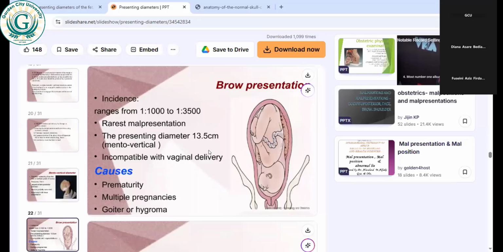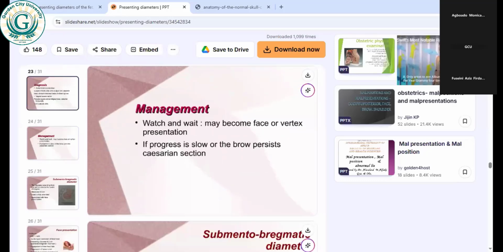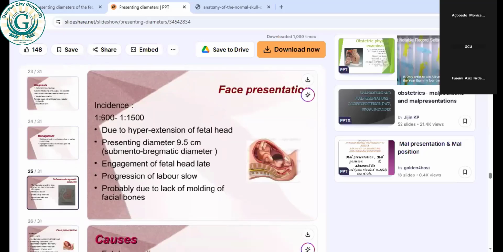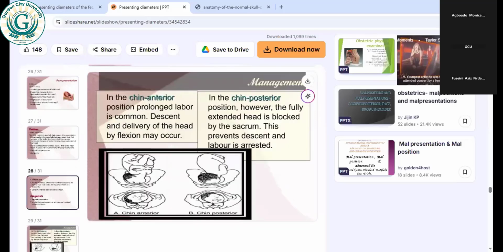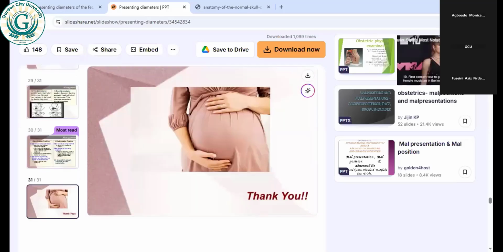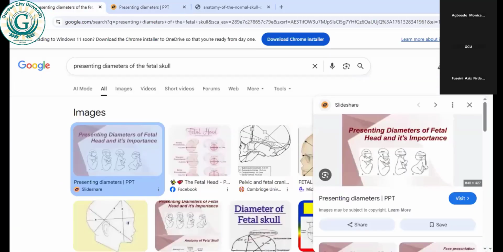Molding. The term molding is used to describe the change in shape of the fetal head that takes place during its passage through the birth canal.